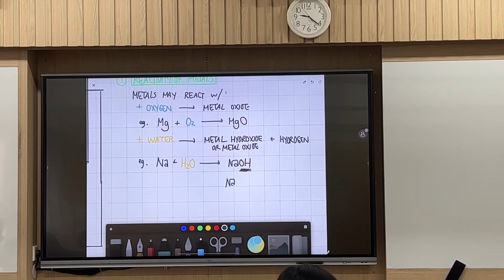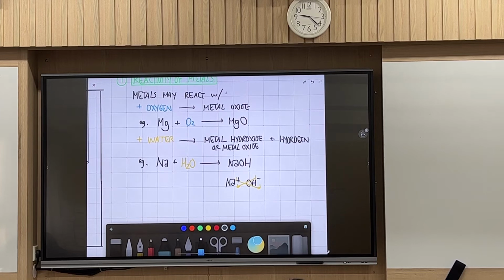Positive 1. And from that table I just showed you, OH has a charge of -1. So tell me what you get when you do the crisscross. Do you have any number to substitute? No. So this is why it's NaOH. It should explain things. So it's not Na2OH, not NaOH2, but just NaOH because of this.